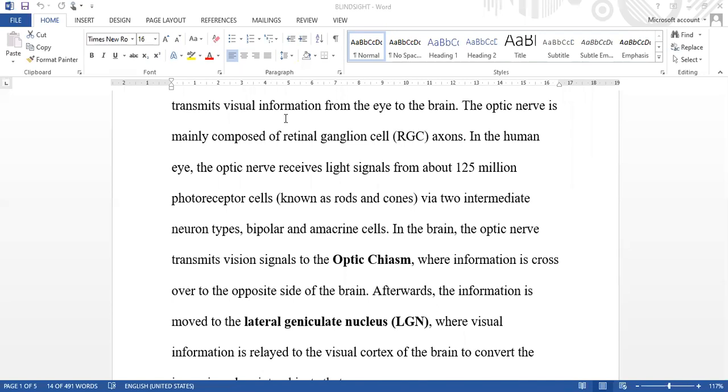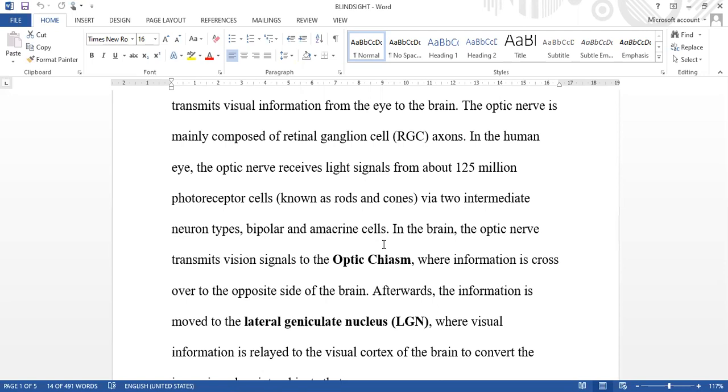So it means that the optic chiasm would ensure that the visual information from our right visual field will be moved to the left part of the brain for perception. Then if the visual information is coming from the left part of the eye, it will move to the right part of the brain for interpretation or perception.